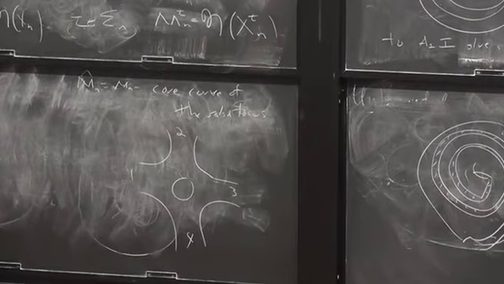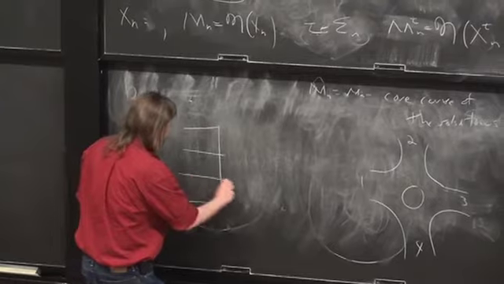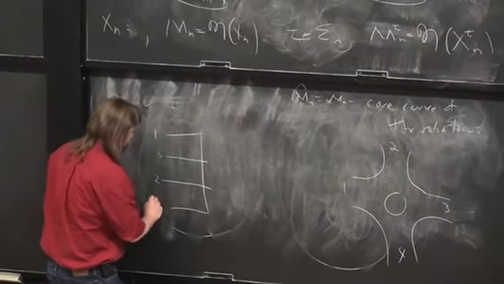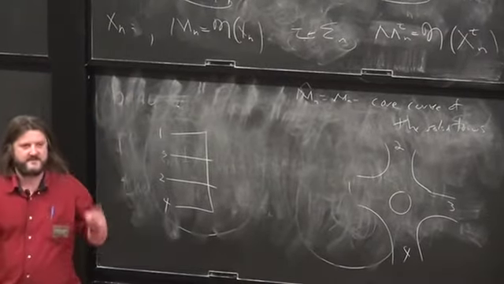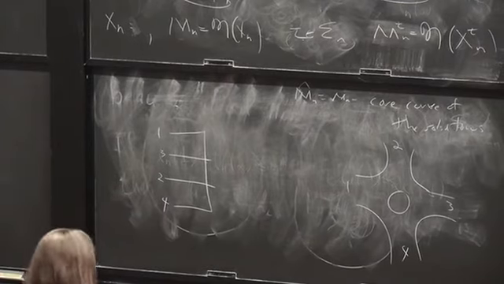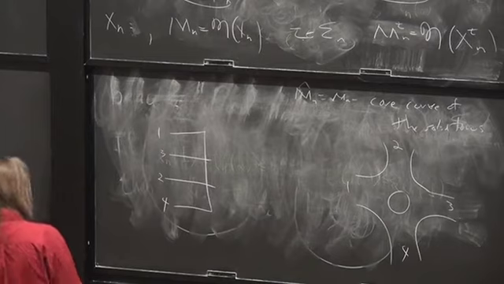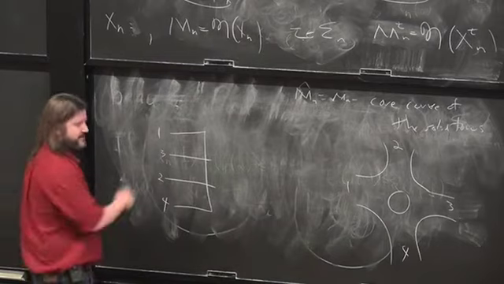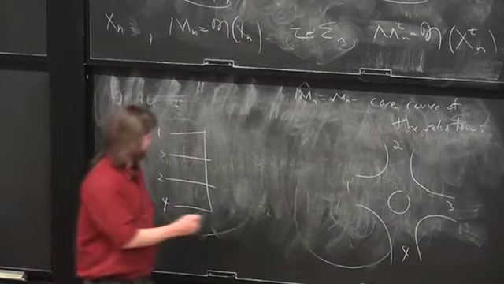And I can then pick another thing. So this is a different homeomorphism type. It's the one where instead of 1, 2, 3, 4, I do 1, 3, 2, 4. That gives a different homeomorphism type. And I'm going to take an immersion of this guy into here.